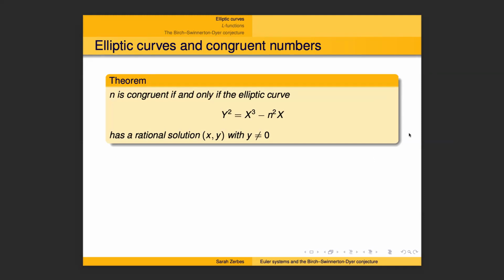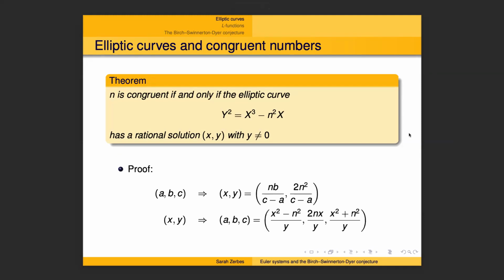Okay, so how do we prove this? Well, in some sense, one just does it. If you have a right angle triangle with rational sides and area n, you can write down x and y. You will observe that y is certainly not going to be equal to 0.